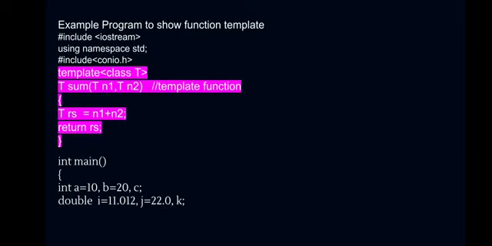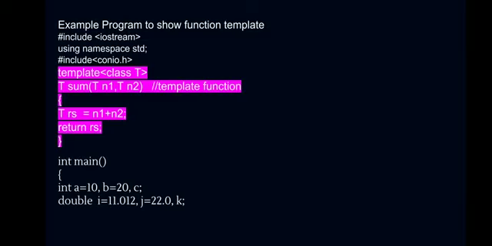I have assigned values for a and b, that is 10 and 20. For double i and j, 11.012 and 22.0.